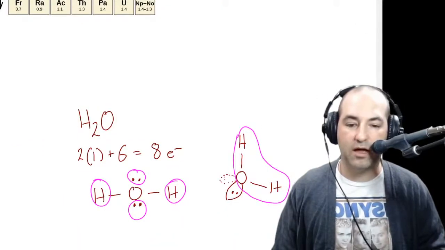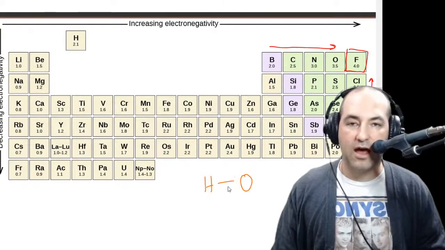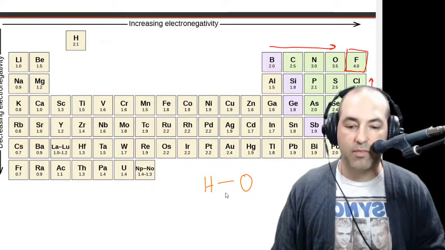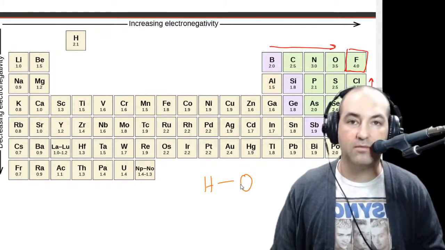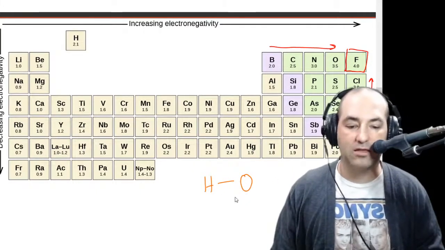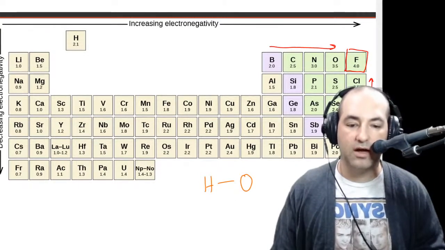When you have a bond between two atoms, like H and O, we can look at that particular bond, look at the difference in electronegativity between those two atoms, and decide if that bond is polar or not. So this only takes place in covalent bonds.